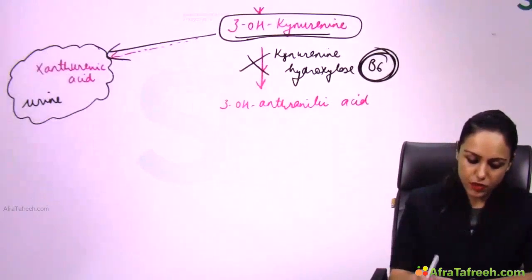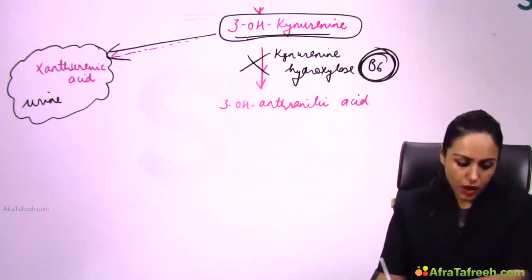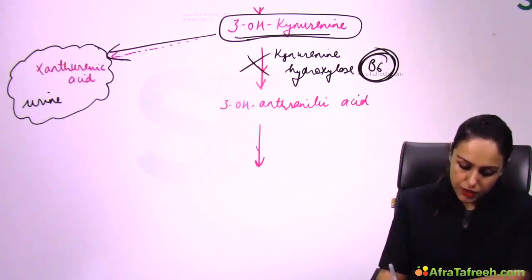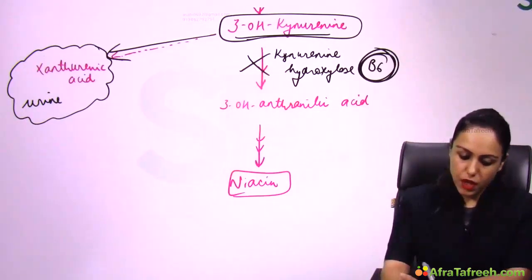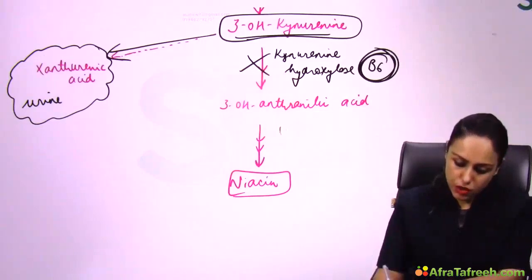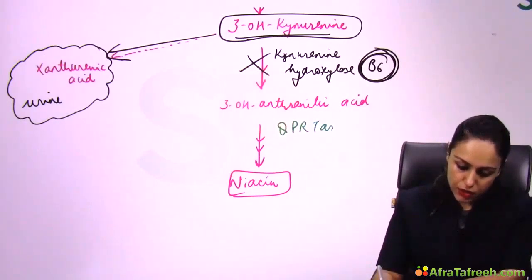Now let's take this pathway further. After 3-hydroxyanthranilic acid, many steps occur here and the vitamin niacin is formed. No need to learn the detail of these steps, but one enzyme which is very important here is QPRTase.